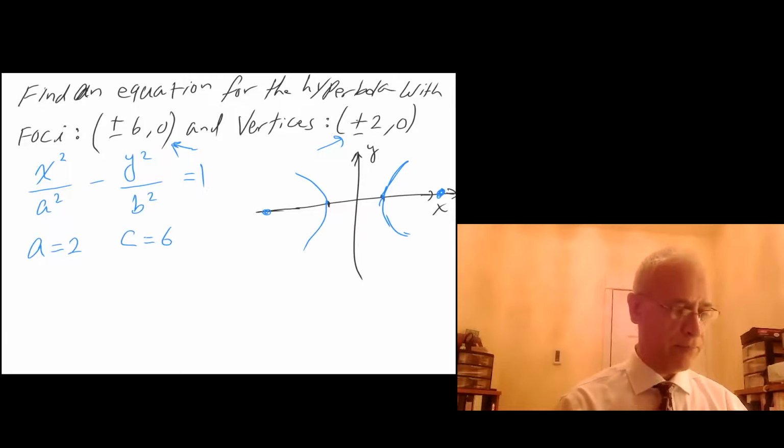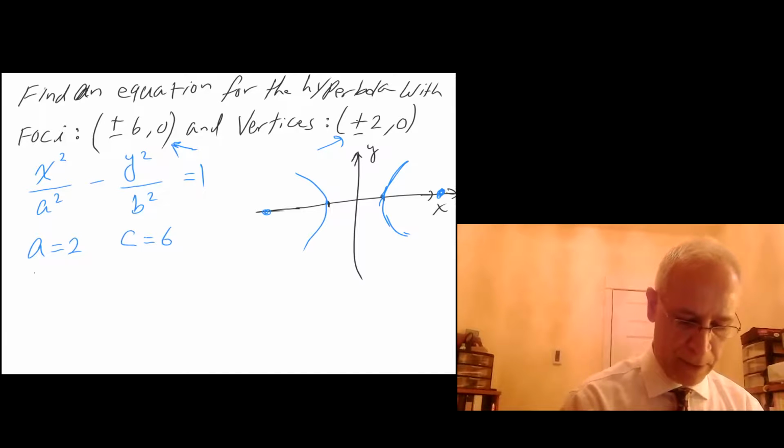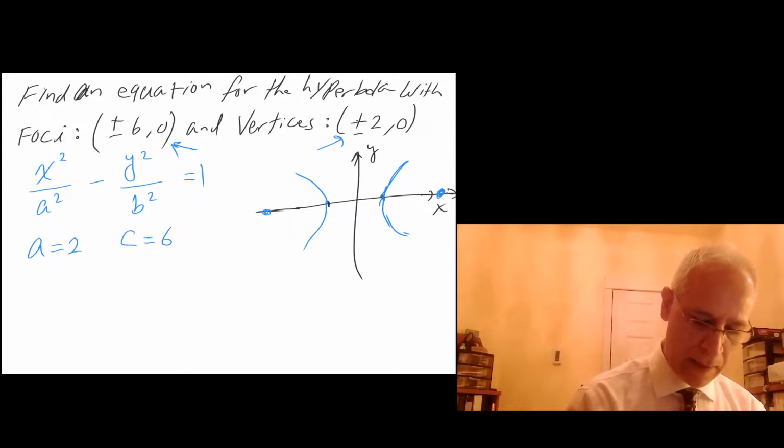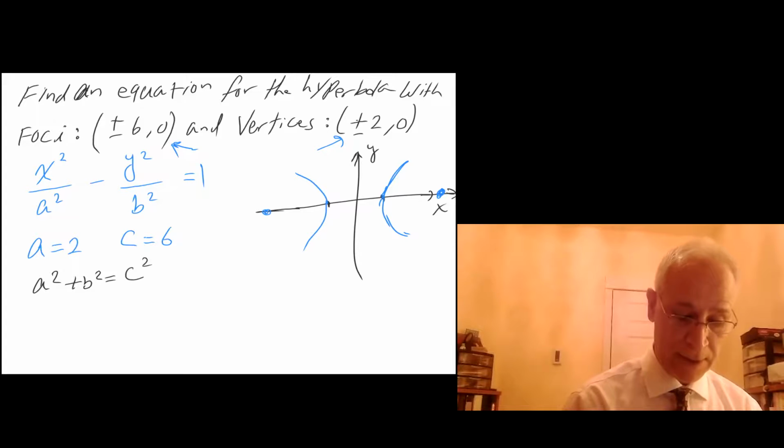So using the relation, let me rewrite this again, a squared plus b squared equals c squared. So I can say that b squared should equal c squared minus a squared.